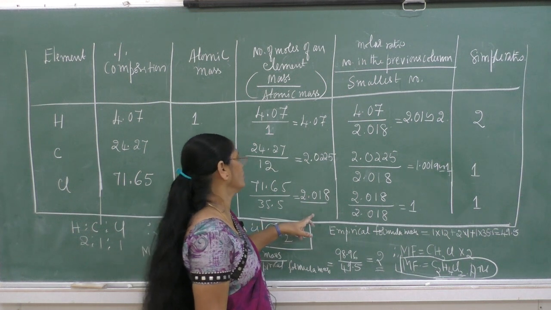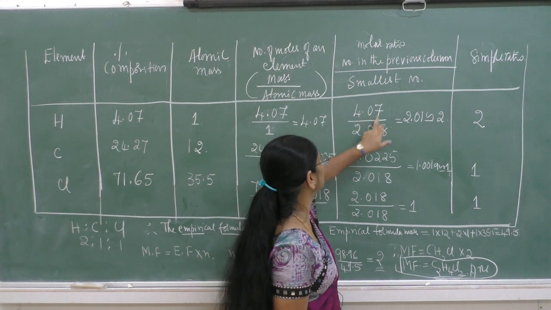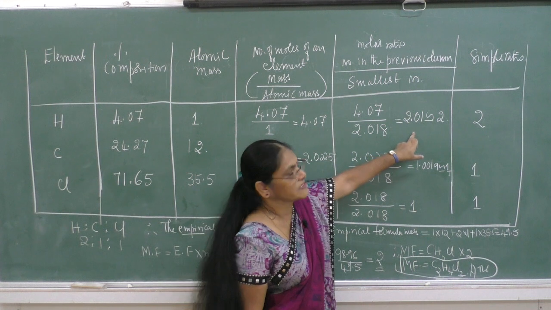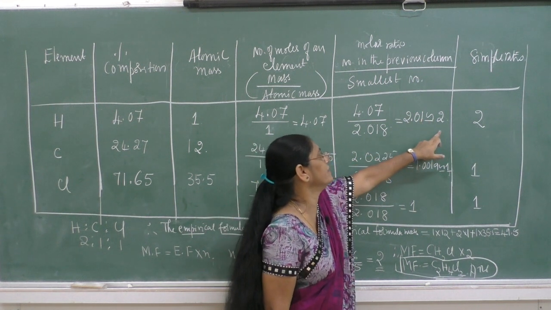So, then calculate the molar ratio, that is the number in the previous column divided by the smallest number of moles, that is 2.018. 4.07 divided by 2.018 is equal to 2.01. This is approximately equal to 2.